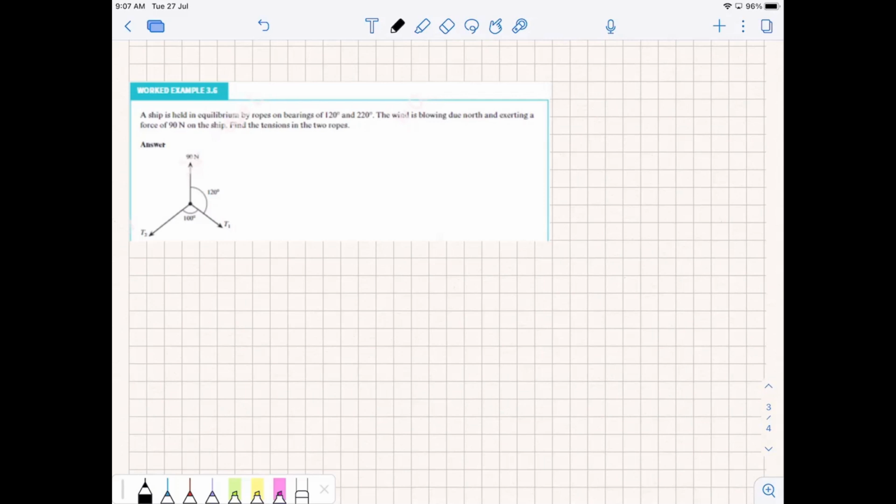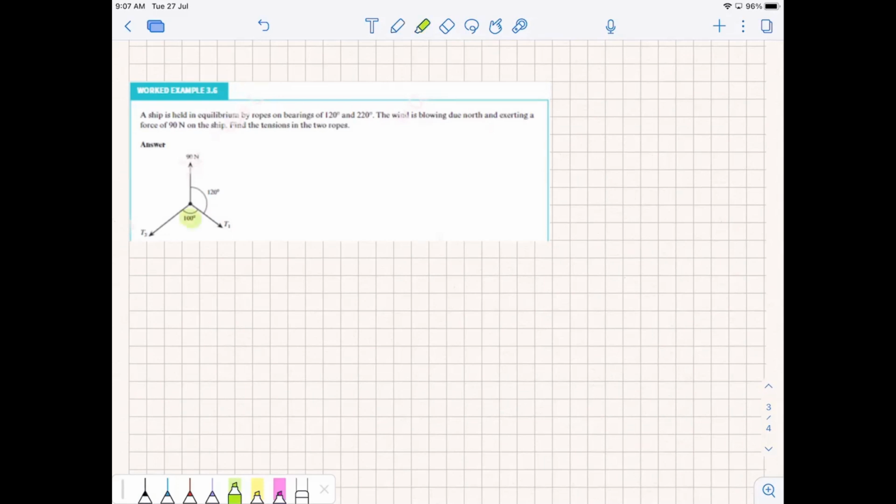Right, this example is just going to show you where you can use the sine rule, and the next example just shows you the comparison of using the component method where you split all the forces into their components to resolve versus using the sine rule. Okay, so let's quickly have a look at this.